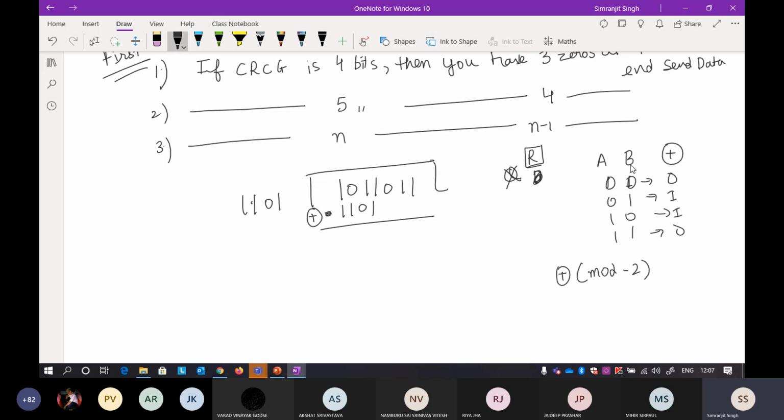Because you can take the cases 0 0, 0 1, 1 0 and 1 1 and add them. 0 plus 0 is 0, and if you take the modulus with 2, the remainder is 0. In a similar way, 0 plus 1 is 1, and taking the modulus with 2, it cannot be divided, so the remainder is again 1. 1 plus 0 is again 1, and the modulus with 2 is again 1. And 1 plus 1 is 2.